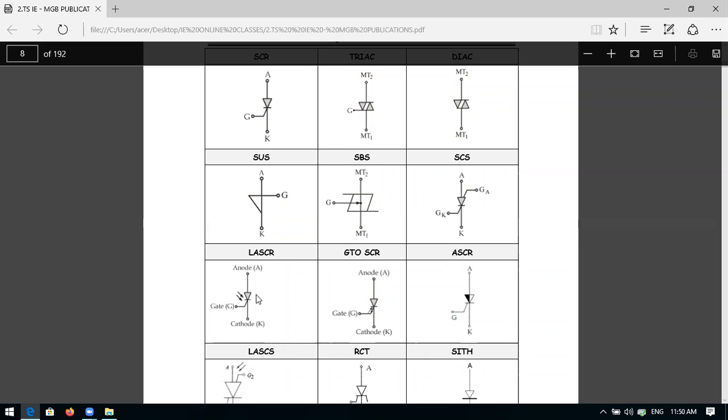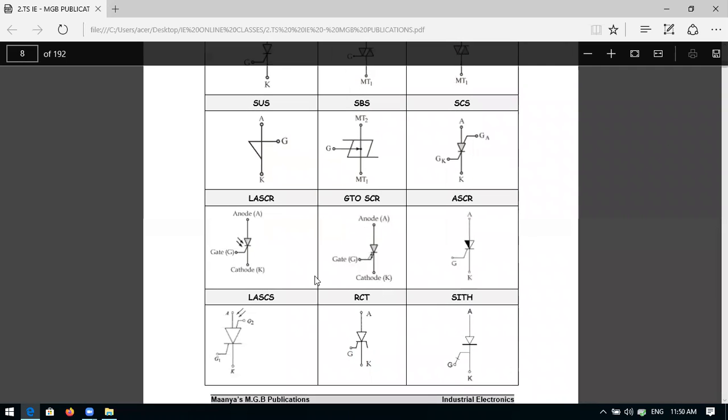So next one is GTO, gate turn off SCR. That means you can also turn off the SCR by the gate terminal. That is a special device which is GTO SCR, anode, cathode and gate. And you can see here one arrow is going out, one arrow coming in, so both ways. The circuit symbol is different here, at the gate two arrows are there.